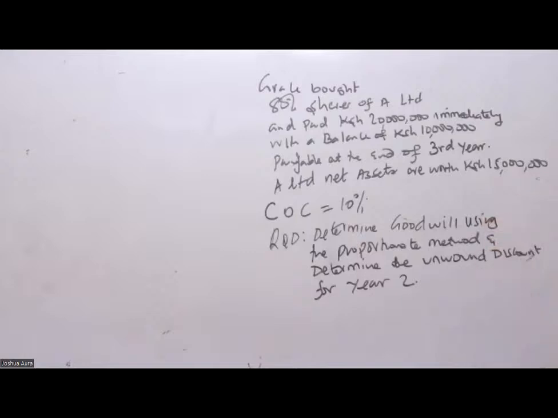A Limited's net assets are worth Kenya shillings 15 million, and the cost of capital, COC, is 10%. So determine goodwill using the proportionate method and determine the unwound discount for year number 2.